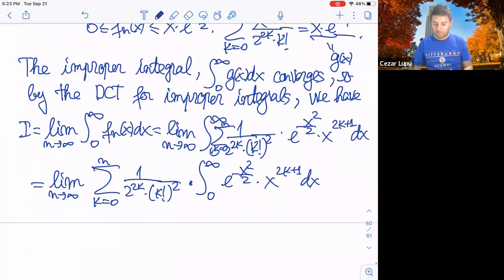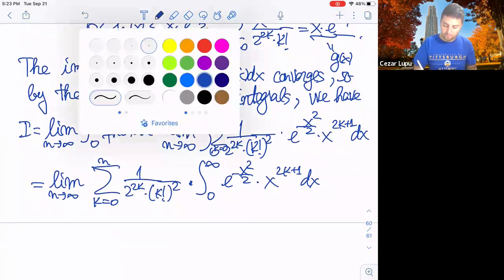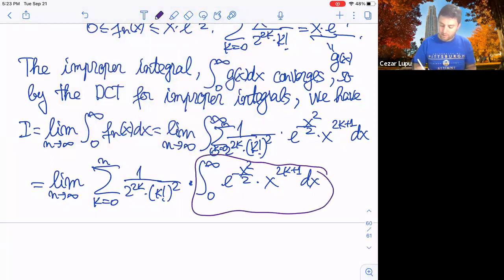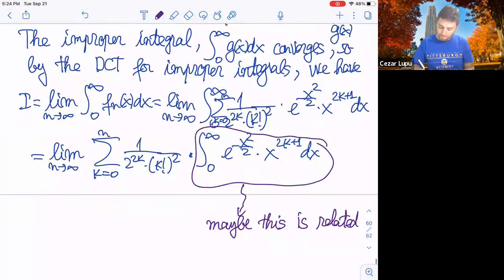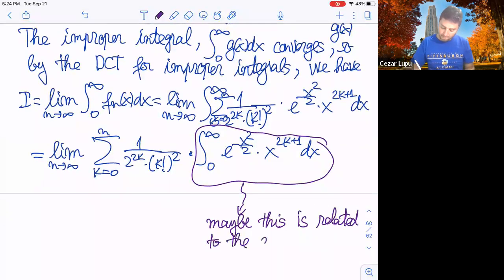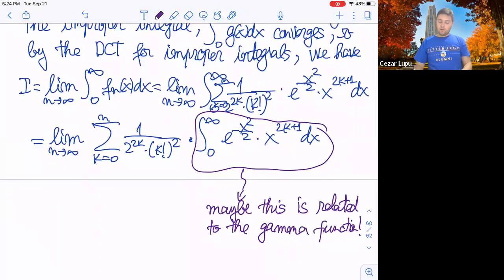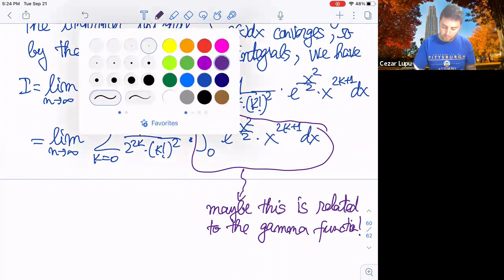And again, we can use the gamma function, so we need to control this integral. Maybe it's related again to the gamma function. And probably it is. We'll see immediately. So we need to control that. How should we do it? Okay, that's easy. We can do a u-substitution.